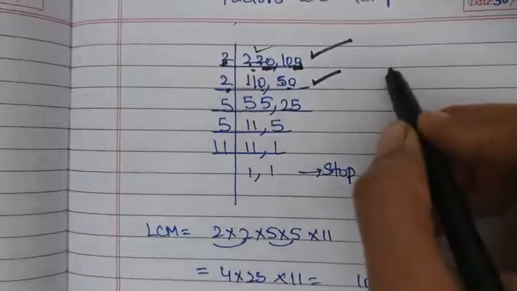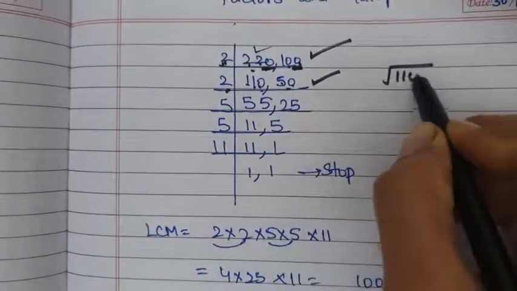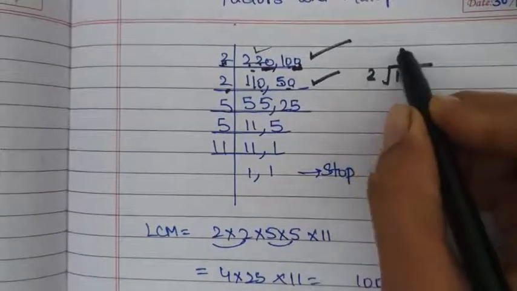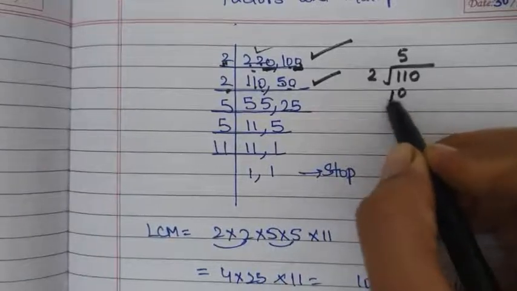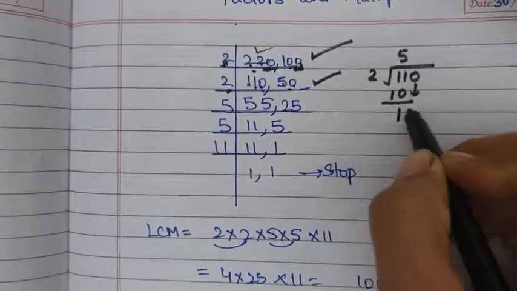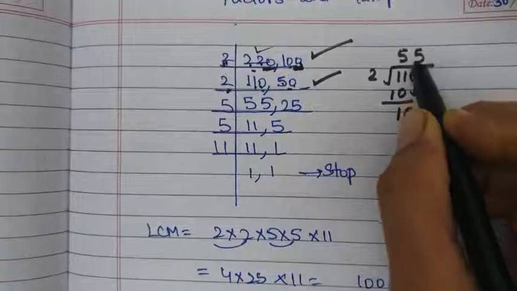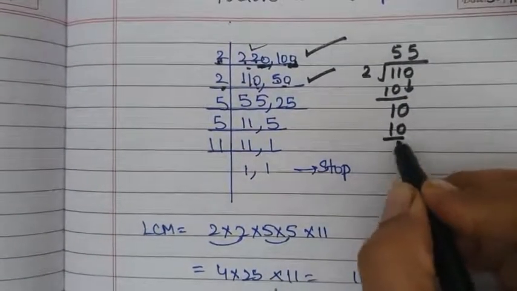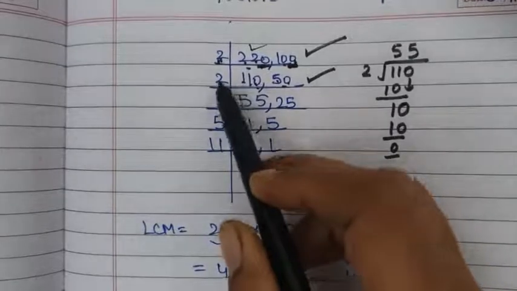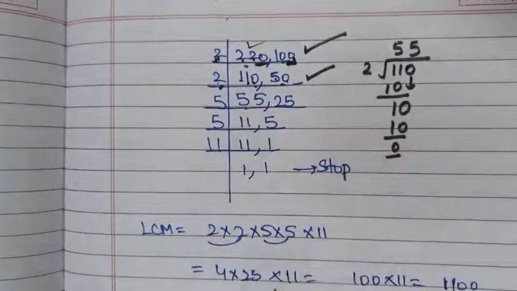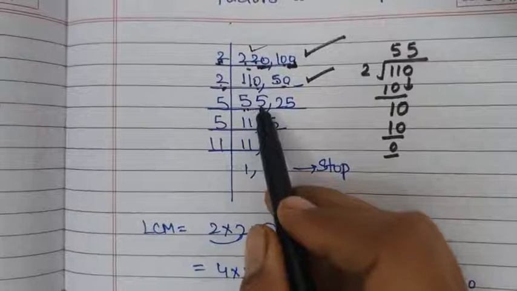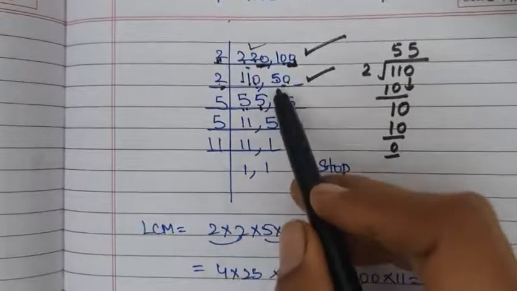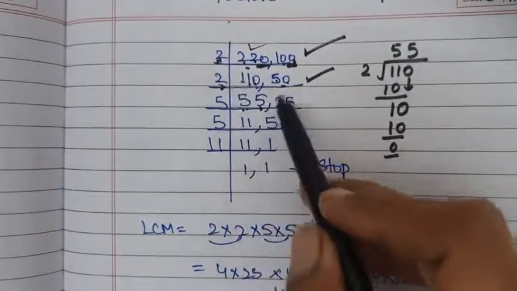Now 110 you are having. 2 5 is 10. 1 0 will come down. 2 5 is 10. So I have written here 255. Now 2 2 is 4.